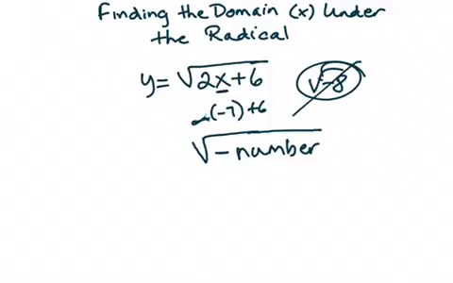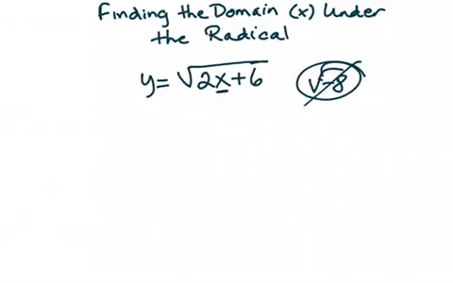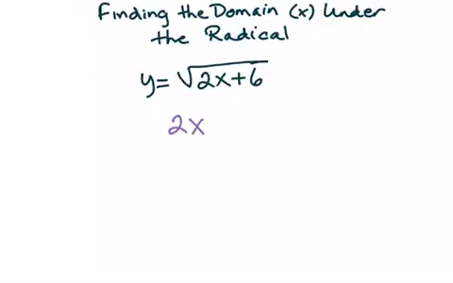As a matter of fact, what it has to be is greater than or equal to 0. Because if it's less than 0, what kind of numbers are less than 0? Negatives. So watch this. 2x plus 6 has to be greater than or equal to 0.